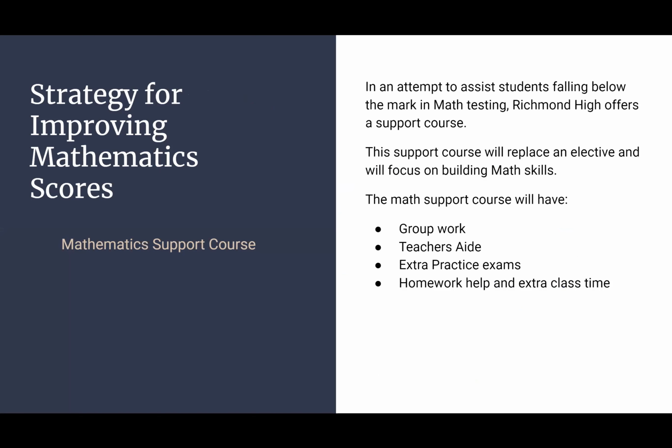This support course will replace an elective and will focus on building math skills. The course will have group work, teacher's aid available to assist with homework or study for practice exams. And there are also extra practice exams available for the students, as well as homework help and extra class time.